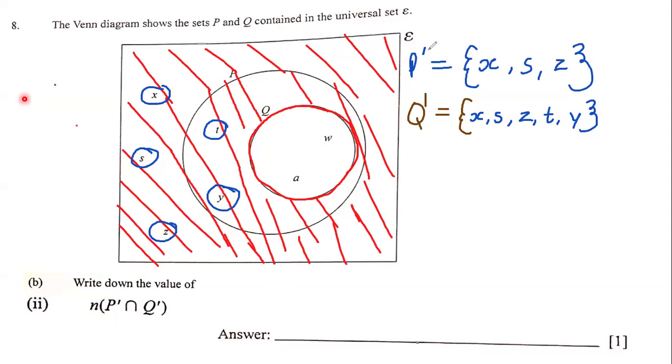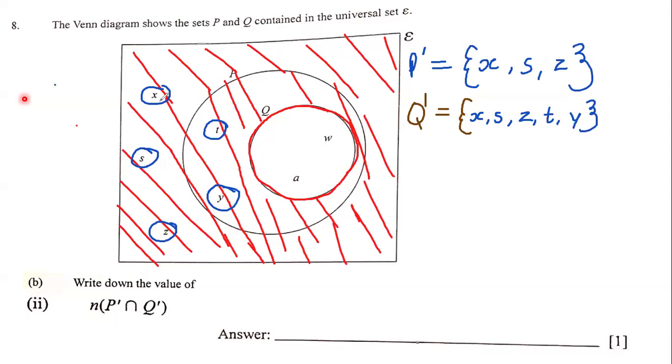So Q complement. What does Q complement mean, Joseph? Q complement means all of the elements in the universal set except for Q, which means that we do not include any of the elements that are inside Q, right?